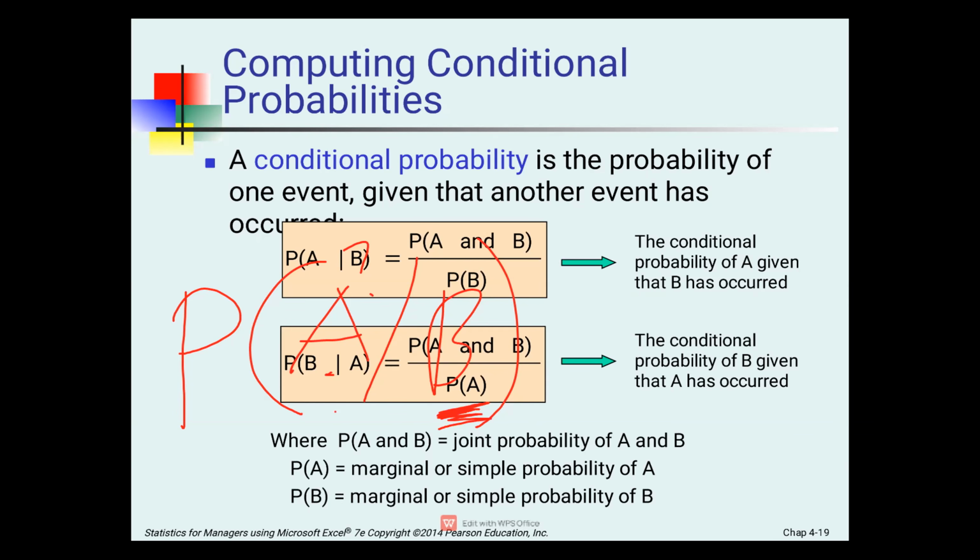The way we read this is, we say this is the probability of an event A happening, given that B has already happened. So under conditional probability, we are studying the likelihood of one event happening because the other one has happened, like related events.